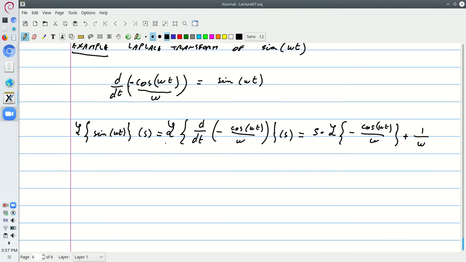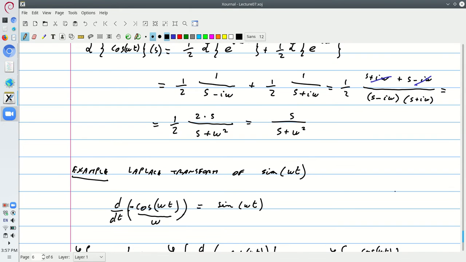Let's see what happens here. We have s, we have also a minus, and we have also a division by omega times the Laplace transform of cosine of omega t as a function of s, plus 1 by omega. One last step, we have 1 divided by omega that multiplies 1 minus s that multiplies the Laplace transform of the cosine that we had here.